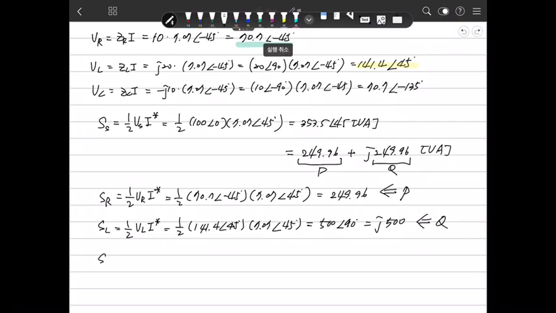And how about the complex power of the capacitor? The same: half VC I conjugate.